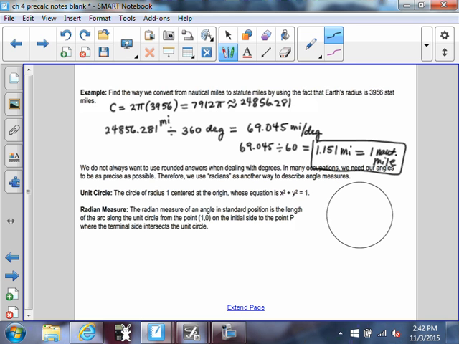It ends up being equivalent to 1 nautical mile. So take that number on your calculator and do 1 over it, and you get around 0.87. So 0.87 nautical miles equals 1 statute mile. I'll give you those conversion factors if you ever have to use them, so we don't have to go through that. So that's where it comes from.